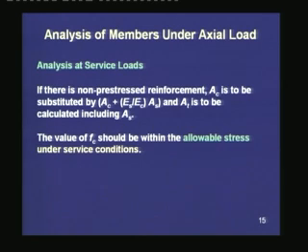Similarly, we shall include AS in this expression as well. The value of Fc should be within the allowable stress under service conditions. As I said before, the allowable stress under service conditions is different from the allowable stress at transfer, and we need to make sure that the stresses that are generated by the effective prestress and the external load should be within the allowable stress under service conditions.